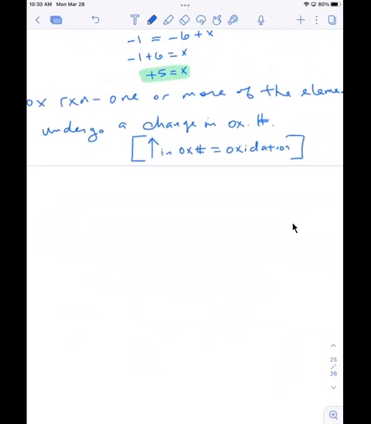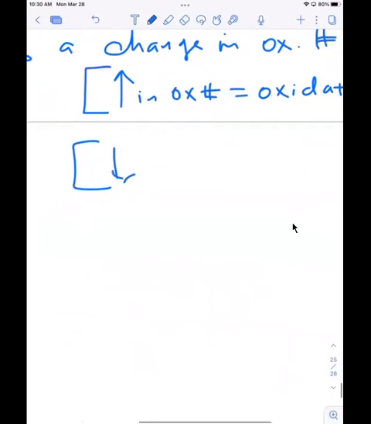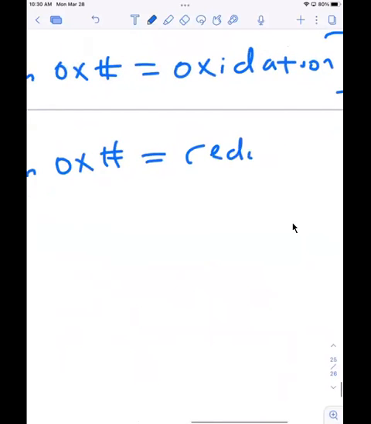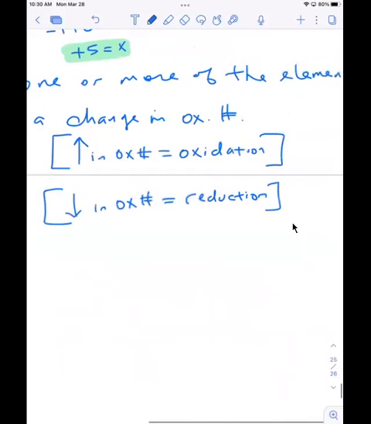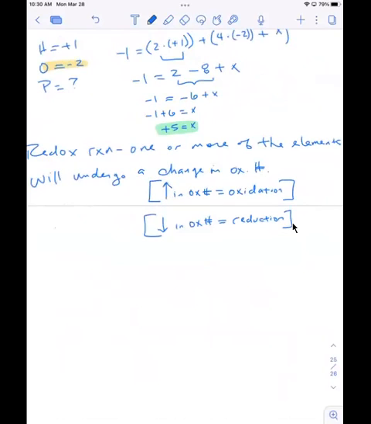If the oxidation number decreases, that means reduction happened. All right. Very important to understand that concept.